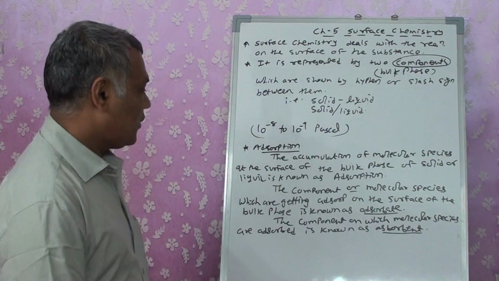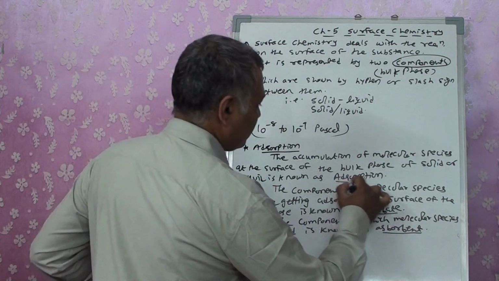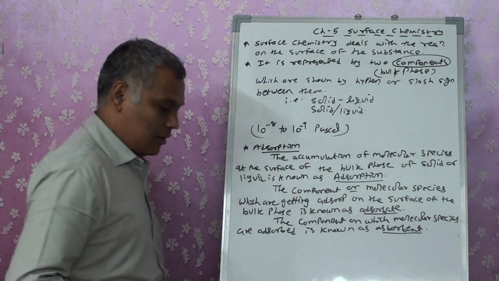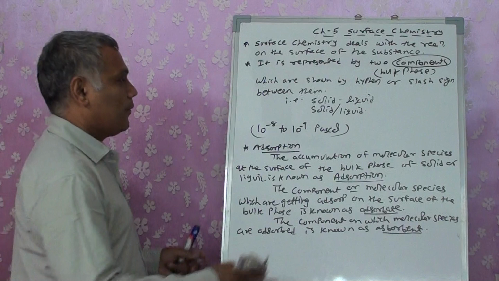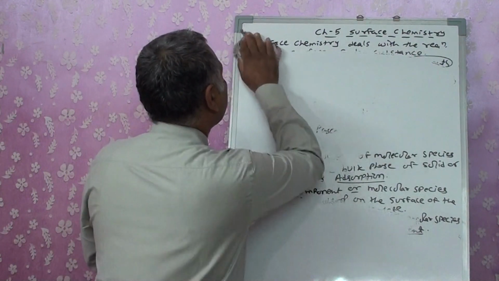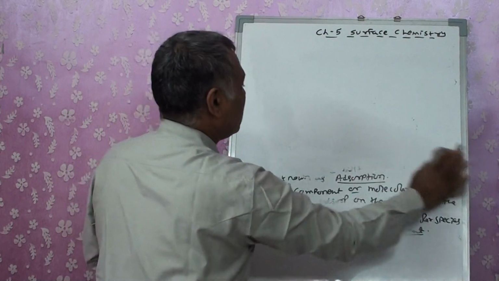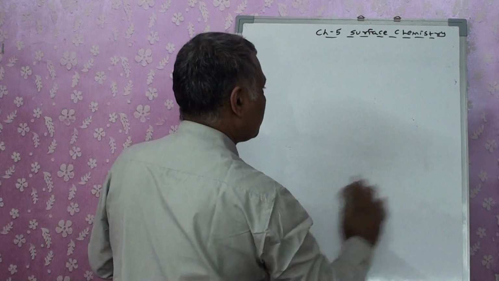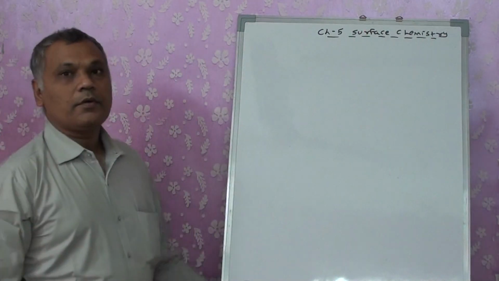We'll take different examples, right? We'll try to understand the three components: adsorption, adsorbate, and adsorbent with the help of different examples, right? Let's take a few examples one by one so that we can understand the complete concept of surface chemistry as well as what is adsorption, what is adsorbate, and what is adsorbent, right?